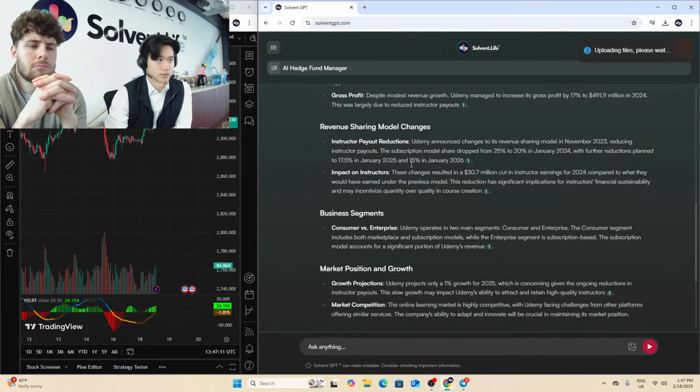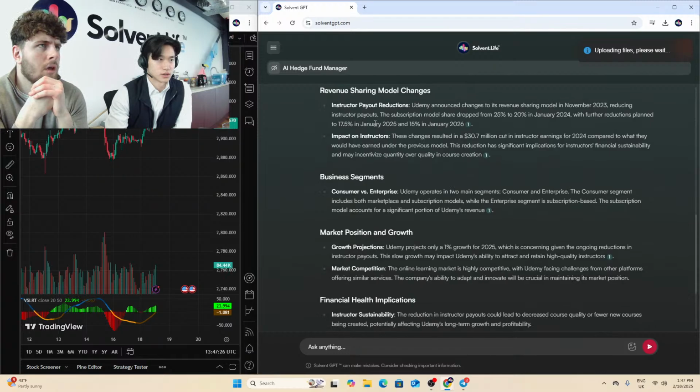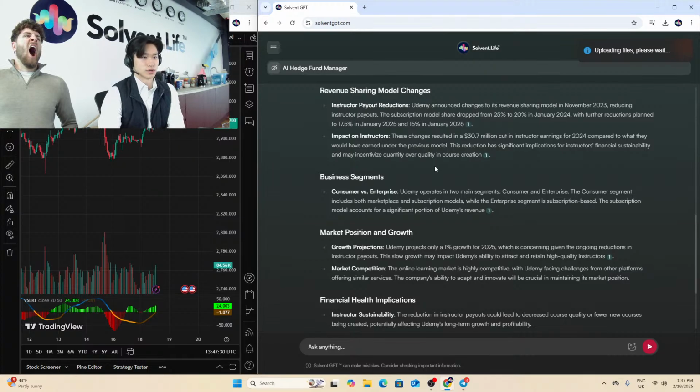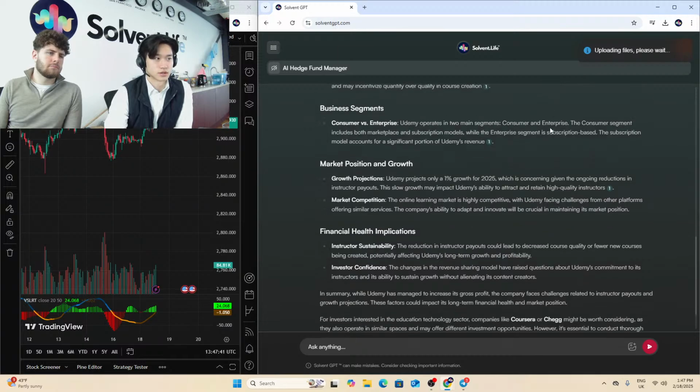Okay, that's pretty much the same thing, just in profits, and then they have a new revenue sharing model, reducing. Okay, fine, and projected with a 15% increase in 2026. The impact on instructors, this change has resulted in a 13.7 million cut in their earnings.